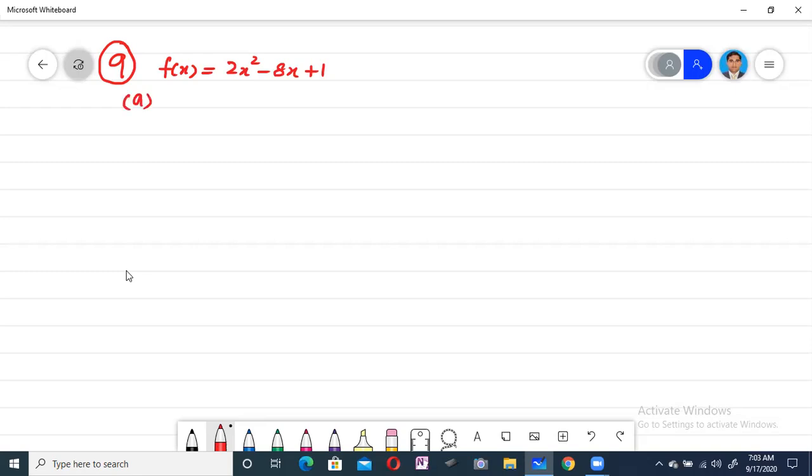Part A: express 2x square minus 8x plus 1 in the form a into x plus b whole square plus c.